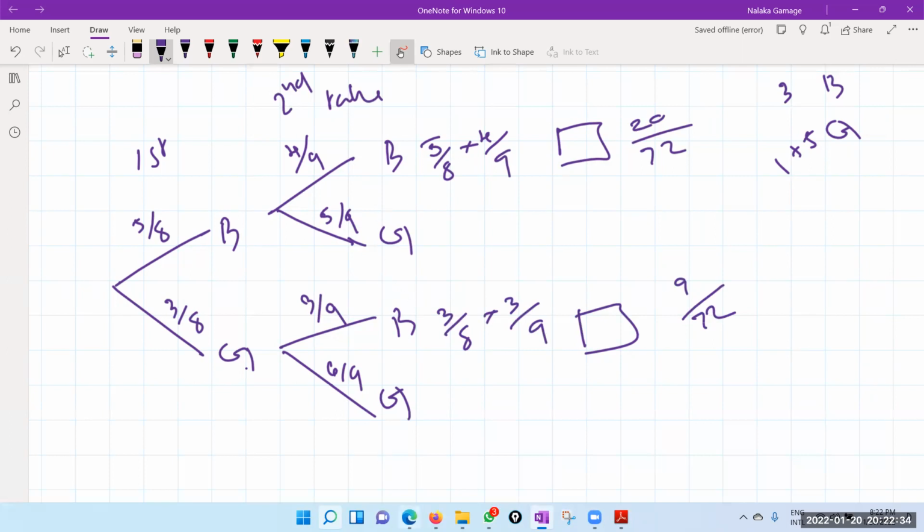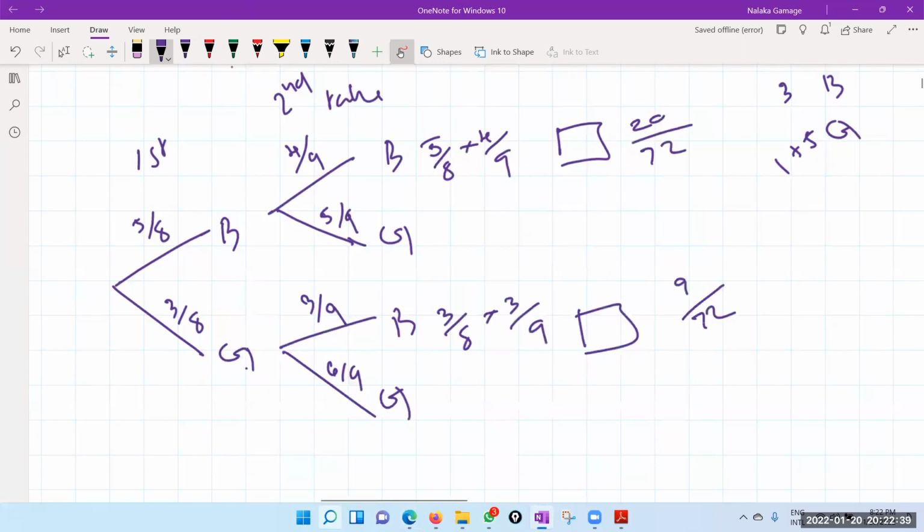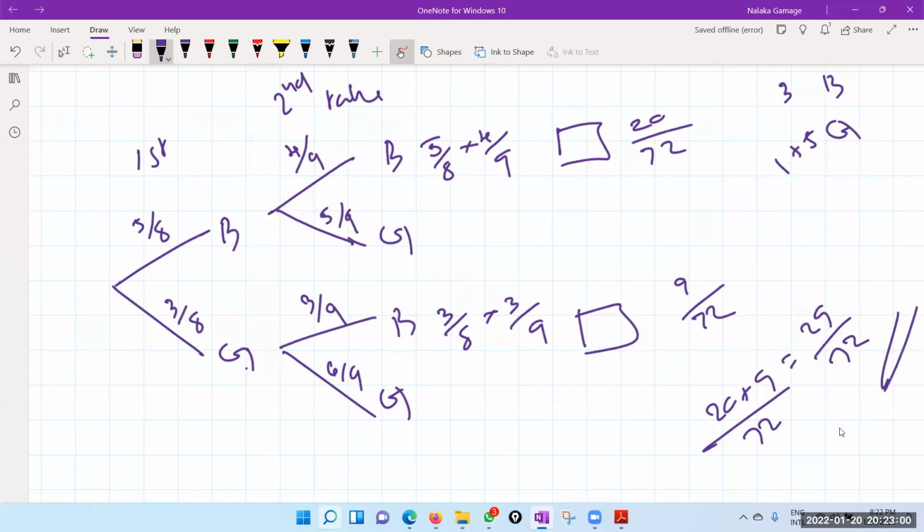The question is, what is the probability of the second one being black? So here the first one is green. Here the first one is green. So these are mutually exclusive, right? So whether we get black, black or green, black, they are mutually exclusive, therefore we can add. So the final answer is 20 plus 9 divided by 72, which is 29 divided by 72. The probability of getting black in the second attempt is 29 divided by 72.